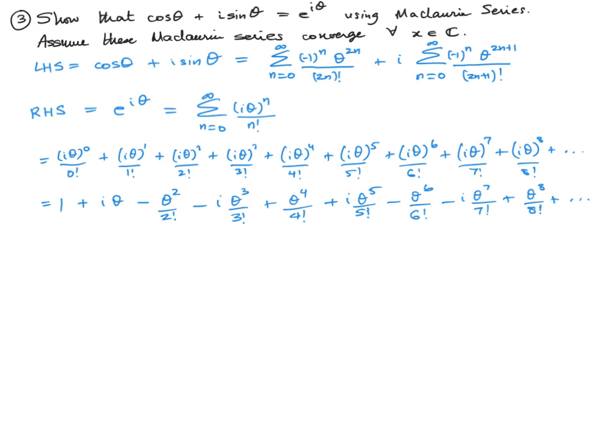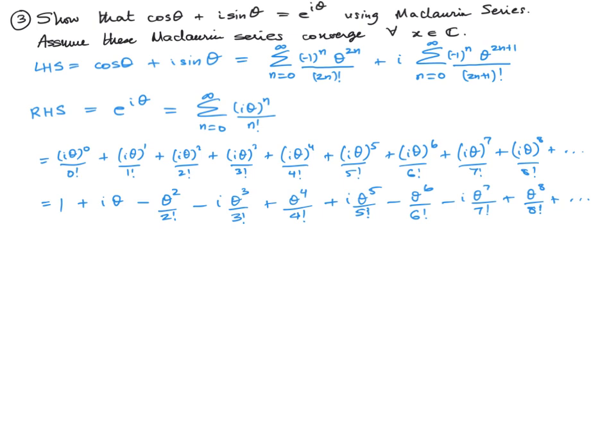Any even number that's not a multiple of 4, i to that number is going to be negative 1. And then, of course, i to the 1st, i to the 5th, i to the 9th, etc. When it's one number past the multiple of 4, those are going to be positive i. And then i cubed, i to the 7th, i to the 11th, i to the 15th. One number less than a multiple of 4, those are going to be negative i.